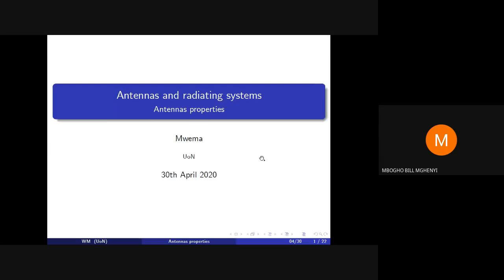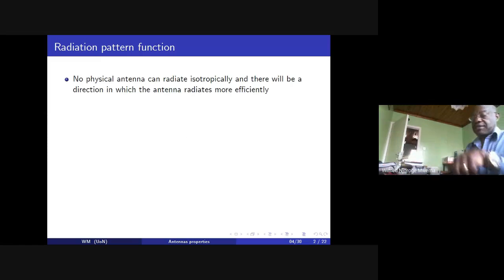So what we said is that when we are creating antennas, we want to radiate as efficiently as possible. That is, all the power that you feed to the antenna as a load will be launched into the sky for it to go to the intended direction of the intended recipient.